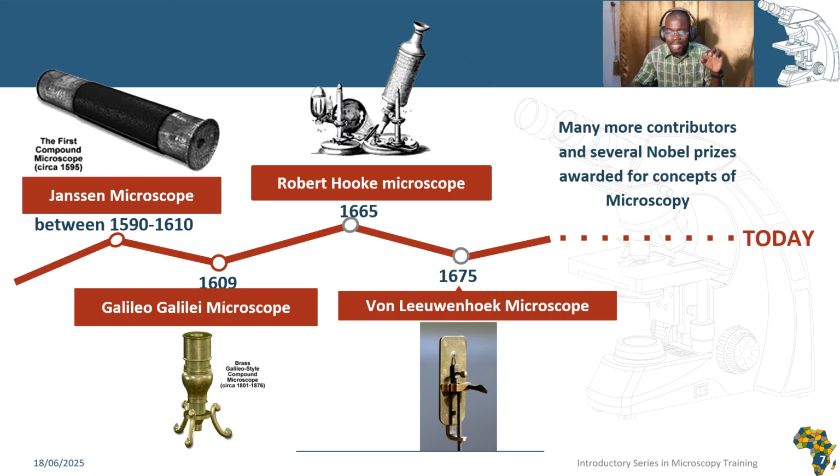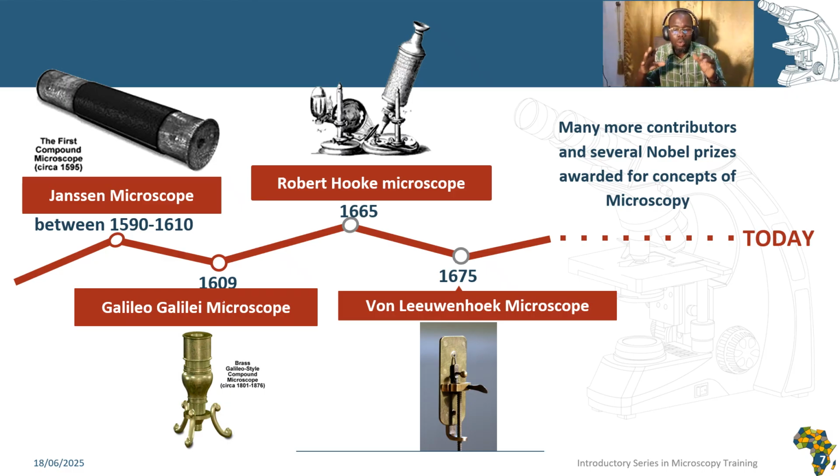Around the 17th century, a breakthrough by a fabric merchant, Anton van Leeuwenhoek, took the microscope to the next level. He made a very powerful single lens microscope with magnification of up to 200 to 300 times, which is far superior to many compound microscopes of his time.